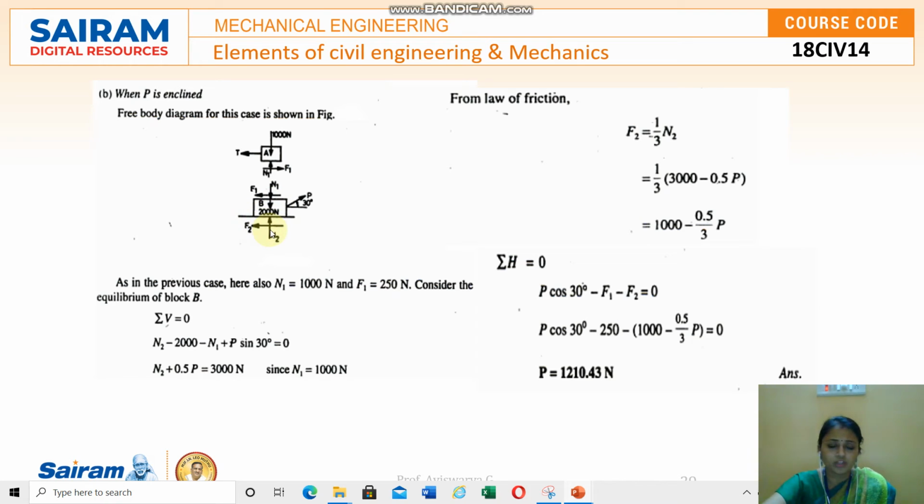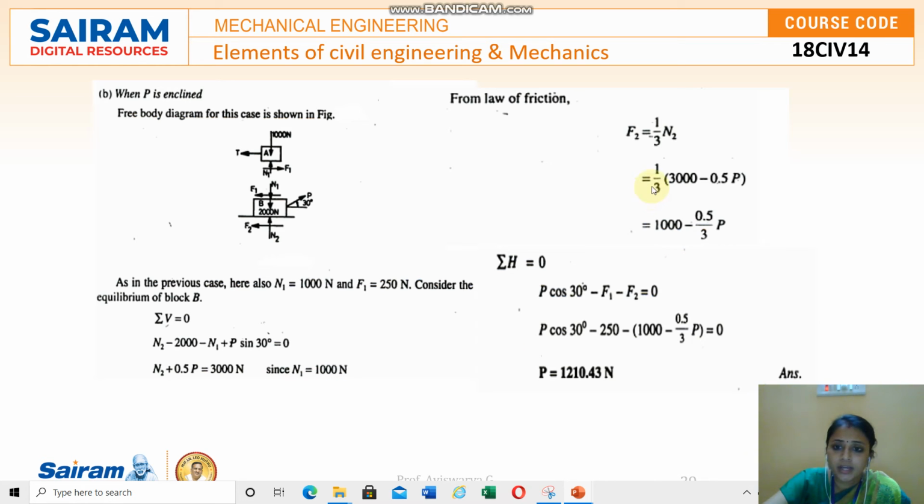Summation of V equal to 0: N2 minus 2000 minus N1 plus P sin 30 degrees equals 0. So N2 plus 0.5 P is equal to 3000 Newton, after substituting N1 equal to 1000 Newton.